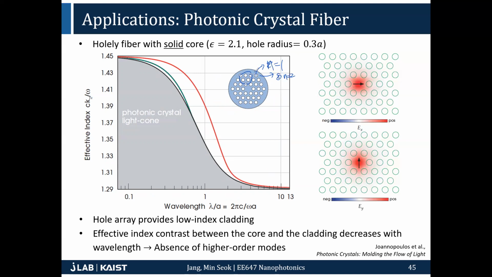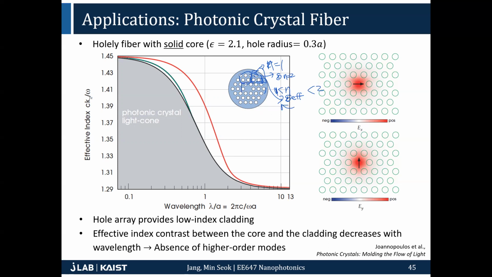And if your holes are spaced very near each other, so that the area covered by this material is much lower than the area covered by hole, you can say that the effective index in this region is between 1 and 2, but closer to 1, right?